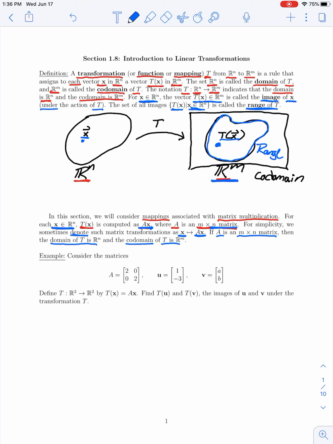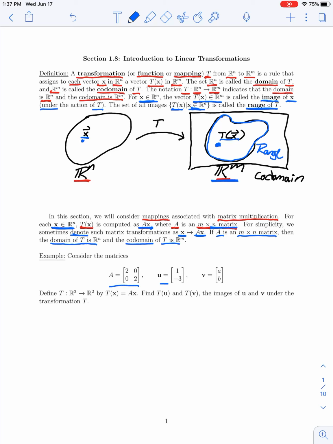All right. Now that we have a little terminology about transformations, domains, codomains, images, ranges, let's look at some examples where we'll work with these linear transformations. Here in our first example, let's suppose that we have the following matrix A, which is a 2 by 2 matrix: 2, 0, 0, 2.